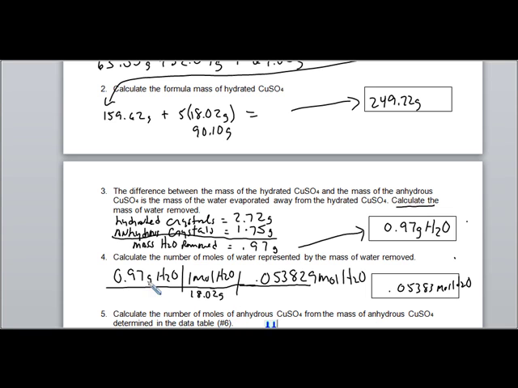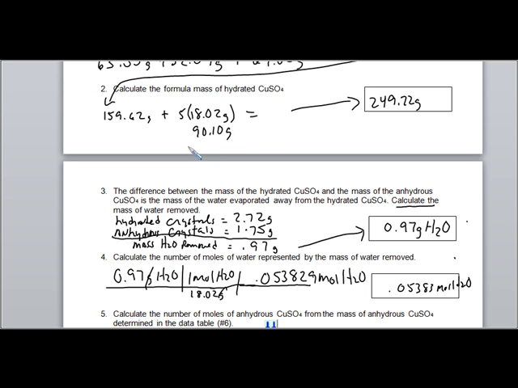So essentially you're canceling this unit here and converting it to moles. So you divide the 0.97 by 18.02, and you come up with 0.053829, whatever. I got extra significant figures in there deliberately, because I'm trying to show you that I don't want to round every single step. I'll take my answers and round one last time. Okay? So there's moles of water.